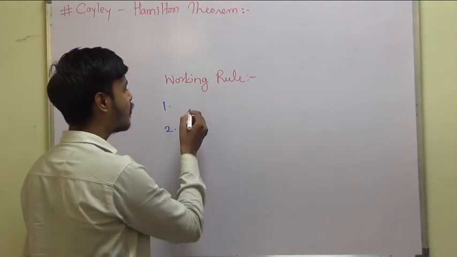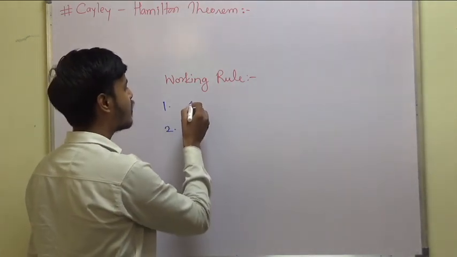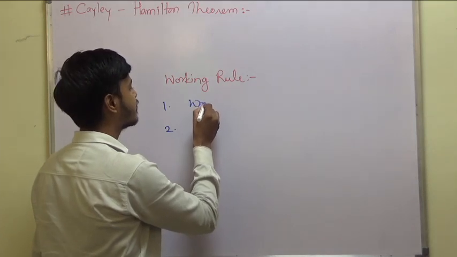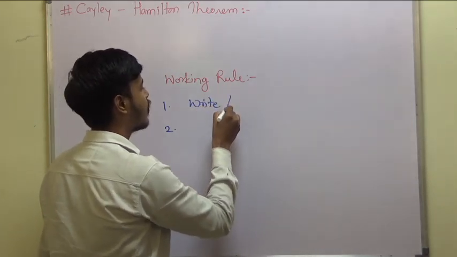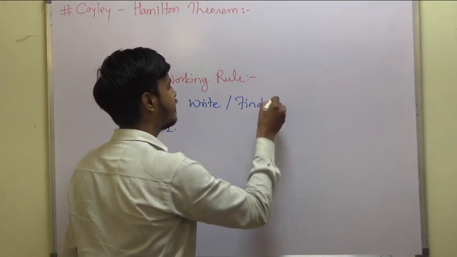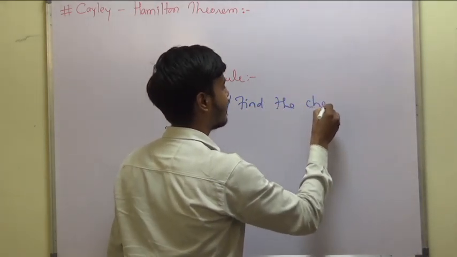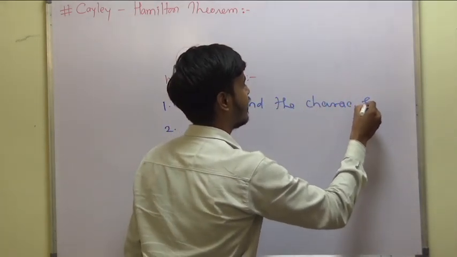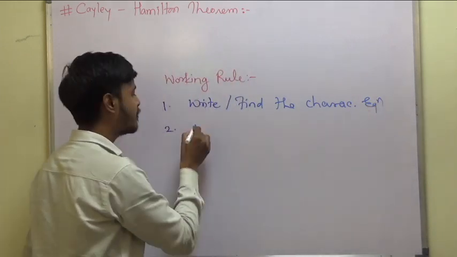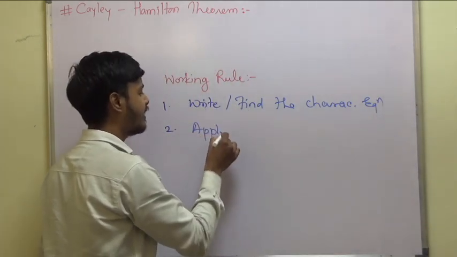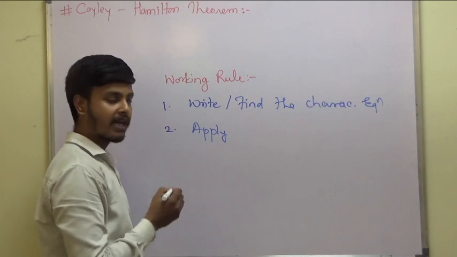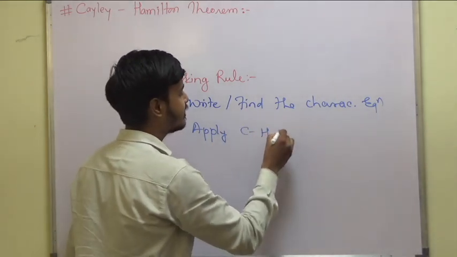What is step number 1? Step number 1 says write or find the characteristic equation, and then step number 2 is apply the Cayley-Hamilton theorem.